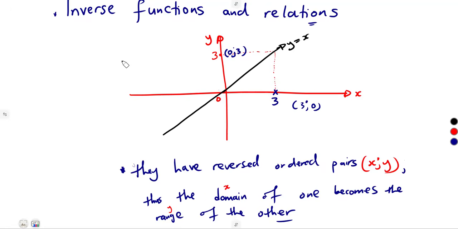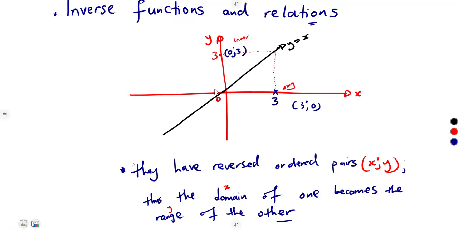That's the relationship between the original and the inverse: it will be related as a reflection along the line y = x. So inverse functions produce graphs that reflect over that line.